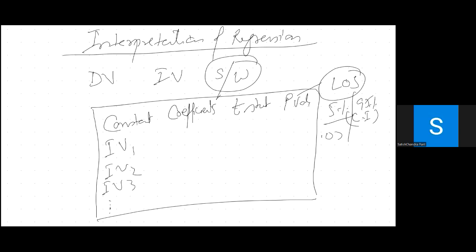So 5% means 0.05 is the significance value p that you have chosen for your hypothesis testing.